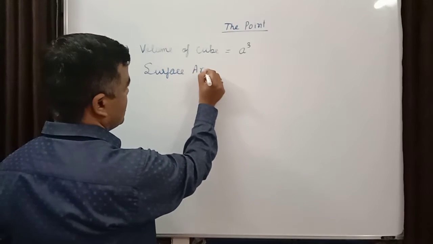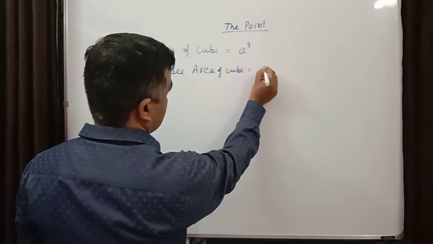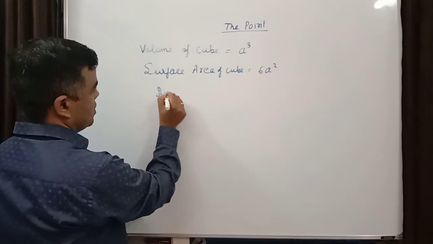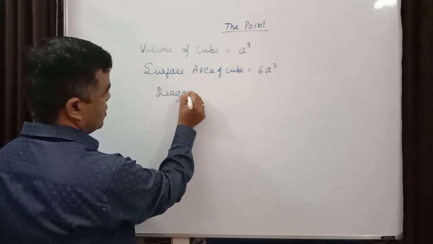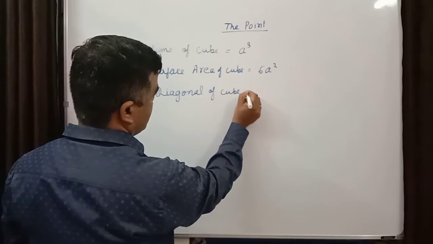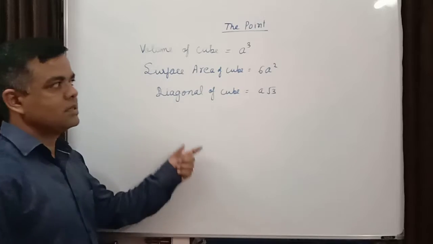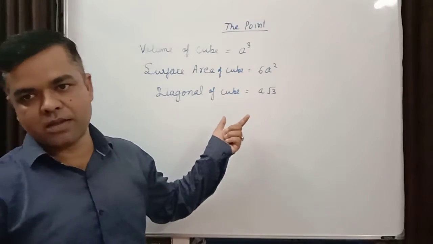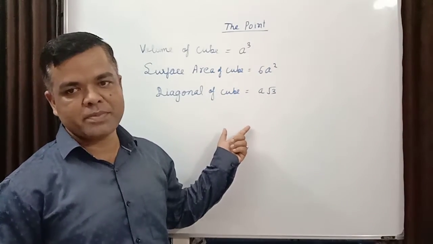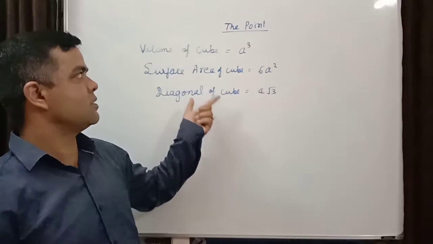Surface area of cube is 6a square. Diagonal of cube is a root 3. Okay, these three formulas are used in solving the problems of cubes. Now I will tell you how the previous class will help you in solving these questions. Only these three formulas.